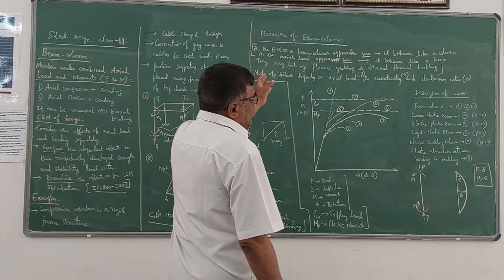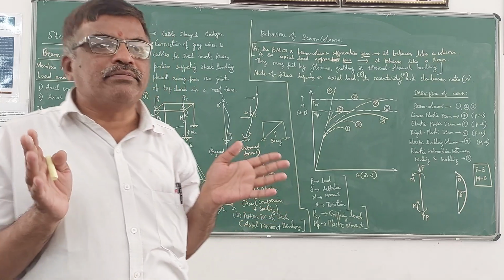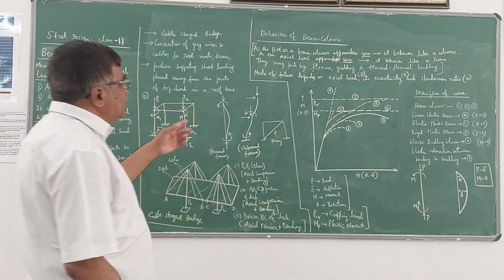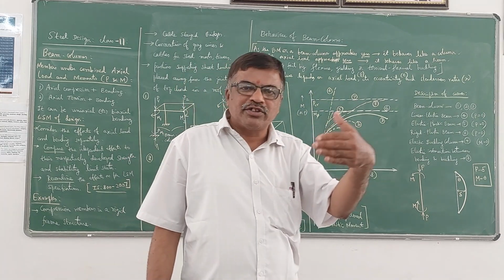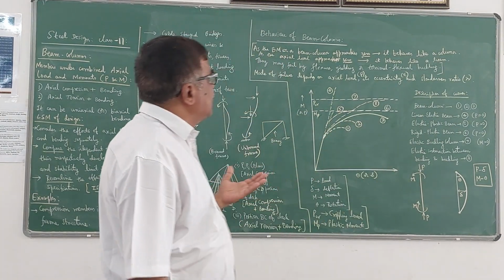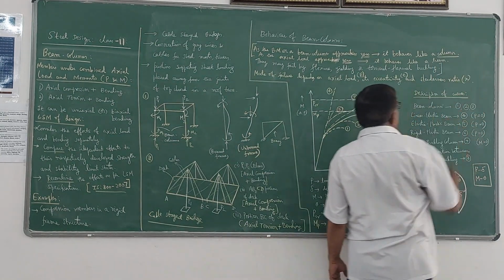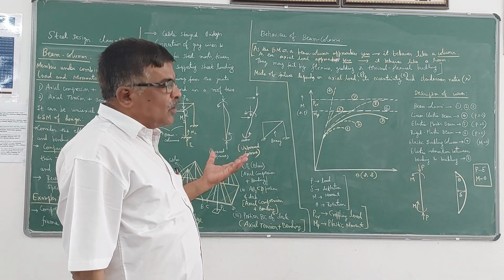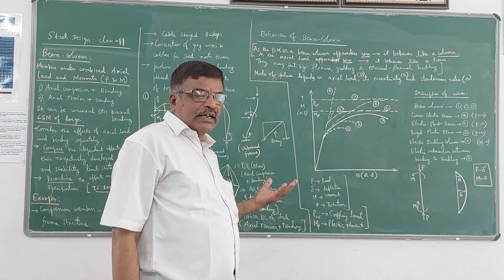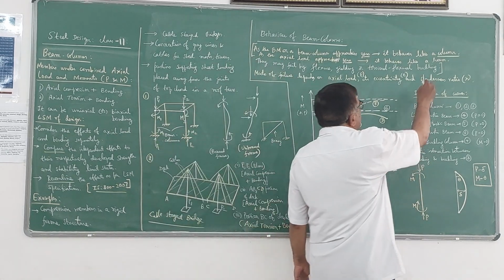Since beam columns are subjected to both axial load and bending, if the bending moment on a beam column approaches 0, if it is very small or negligible, then it behaves like a column. Naturally it behaves like a compression member. If the axial load approaches 0, if the axial force is less and you can neglect it, then it behaves like a beam.